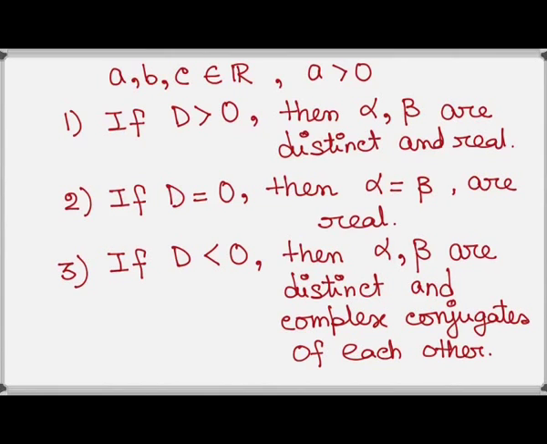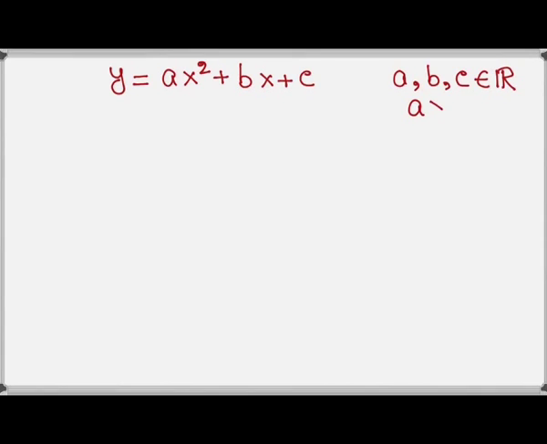So now we are going to draw the graph of the parabola y is equal to ax square plus bx plus c, where a, b and c, all of them are real numbers, with a being strictly positive. And we will have three cases here.